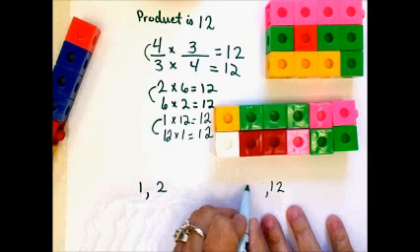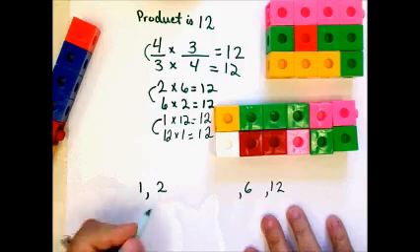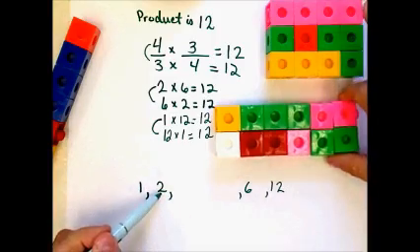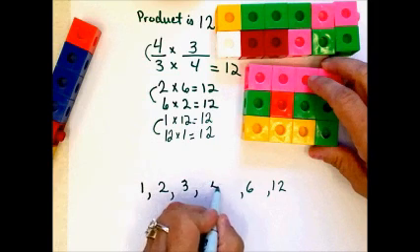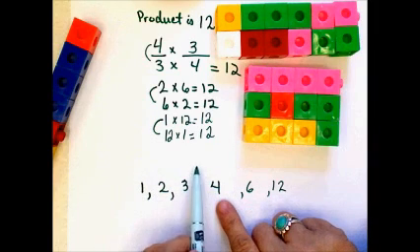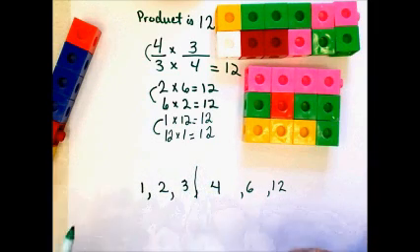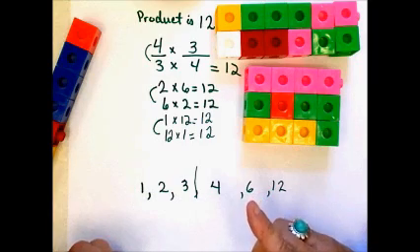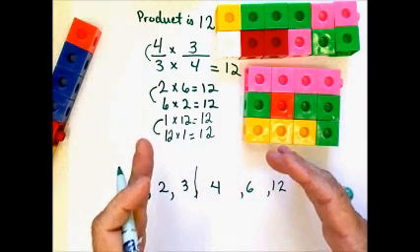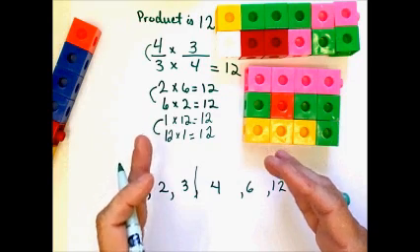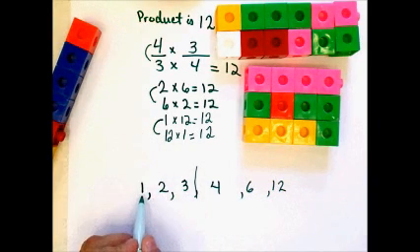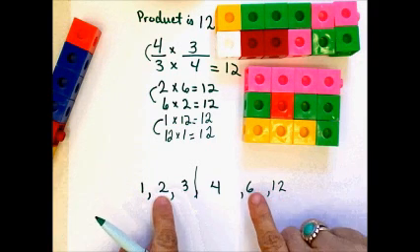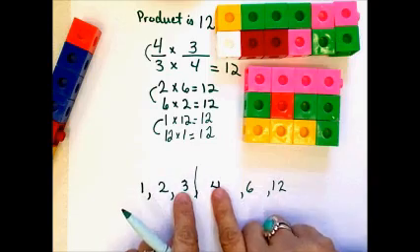Now 3 and 4, and there's no number in between 3 and 4, so I know I've exhausted all my factors of 12. So all the numbers that multiply and get 12 would be 1 and 12, 2 and 6, 3 and 4. And that's all of my factor pairs.